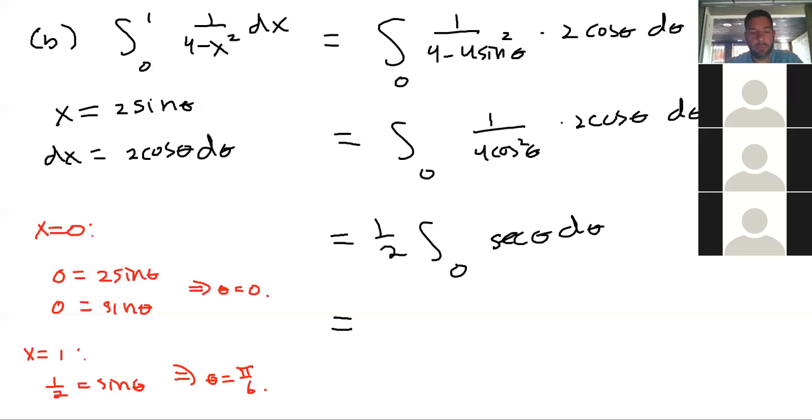Does that make sense? Good. Okay, so what that means is our bounds should be 0 to pi over 6.